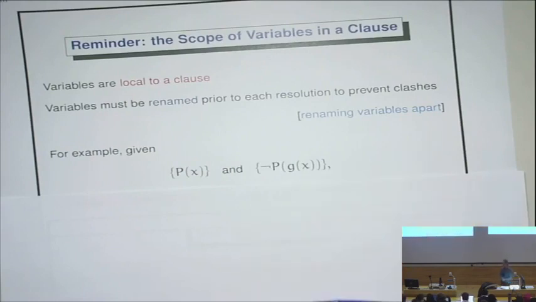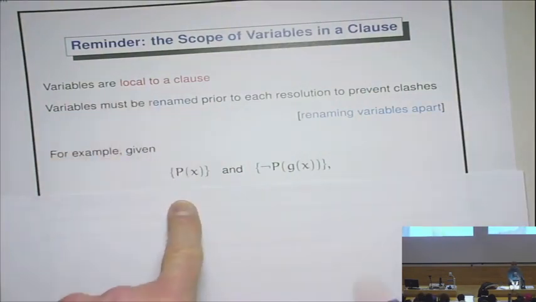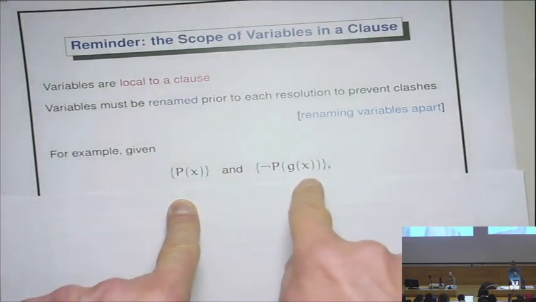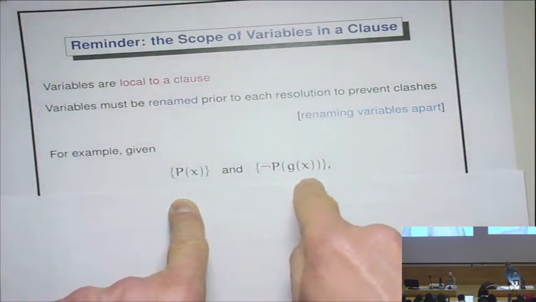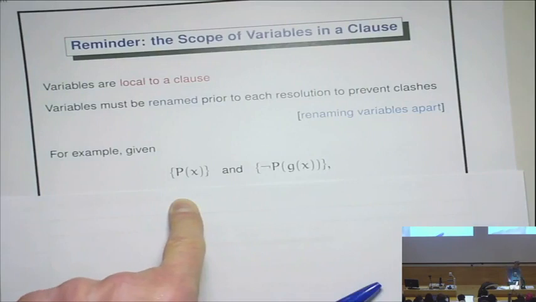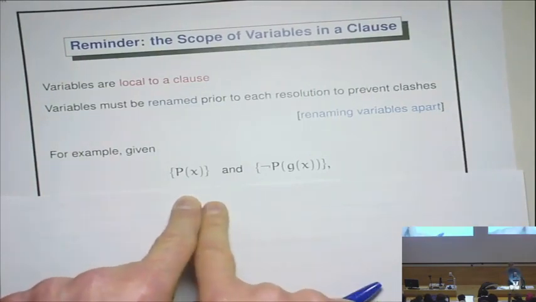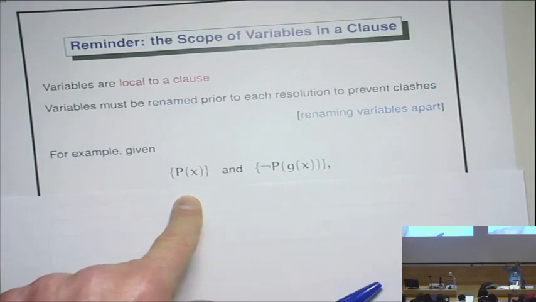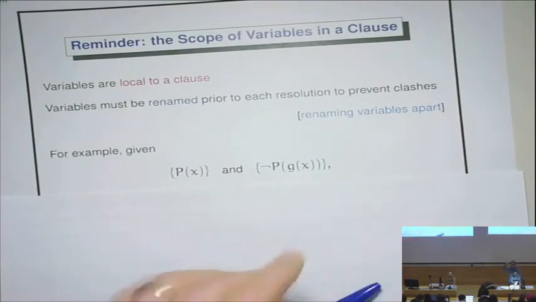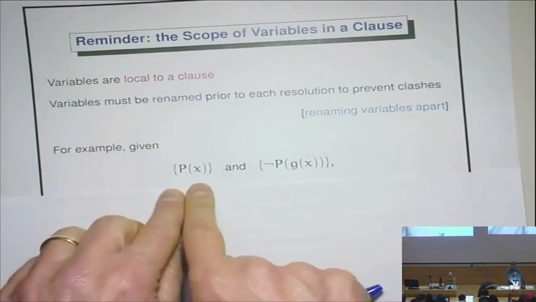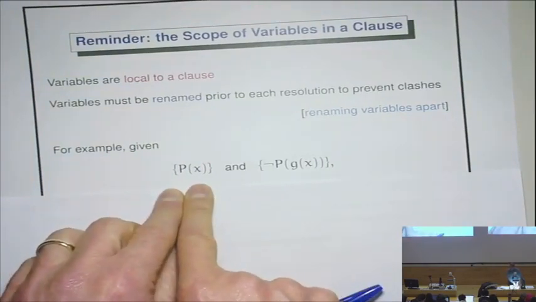In fact, if you write code for a resolution theorem prover, one of the stages is, you pick this clause, and then you pick that clause, and then you rename the variables, which typically you do not in any fancy way, but you keep some big counter, some offset. Your variable names are just numbers in a computer. Just add some fixed number to the variables in this clause to make them bigger than those so that they're all distinct to begin with.